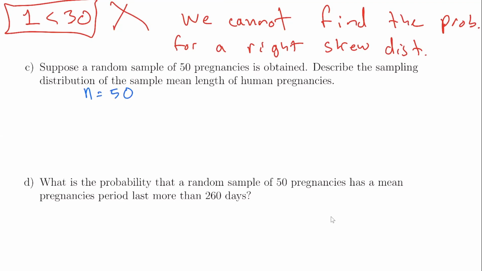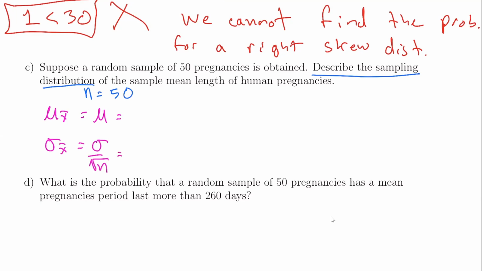If you look at this one, it says describe the sampling distribution. If we want to describe the sampling distribution, there are usually 3 things we want to give. We want to give what mu of x bar is equal to, and what sigma of x bar is equal to. Mu of x bar is equal to mu. Sigma of x bar is equal to sigma divided by square root of n.